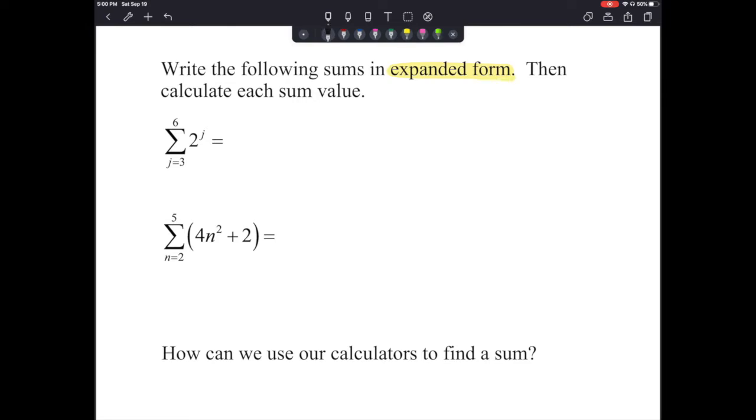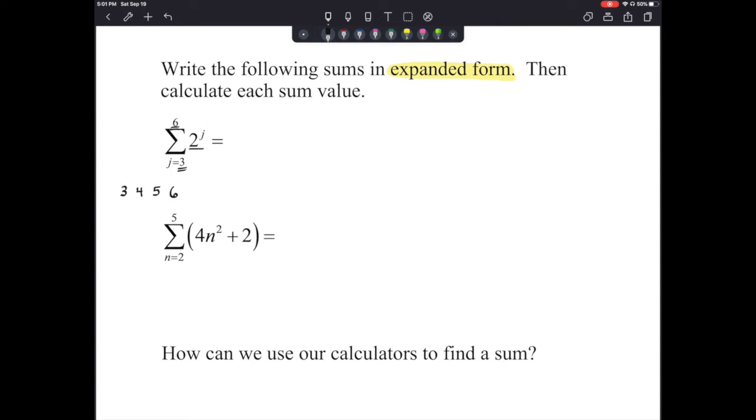We have to find the sum from the third term to the sixth term of the series that's defined by this rule, 2 to the power of j. Let's think about that for a second. We're finding the third term, the fourth term, the fifth term, and the sixth term, and then we're going to add them all together.